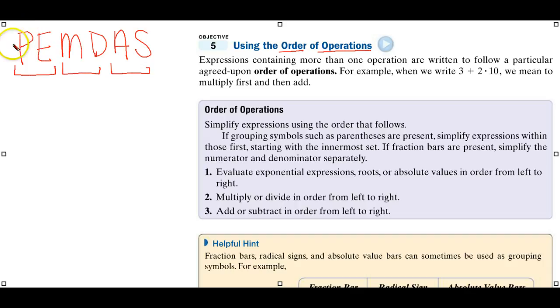This is parentheses or grouping symbols and exponents. From left to right, we do that first. Then from left to right, multiply, divide, and then add, subtract last, from left to right, whichever comes first. And this is what they're saying.